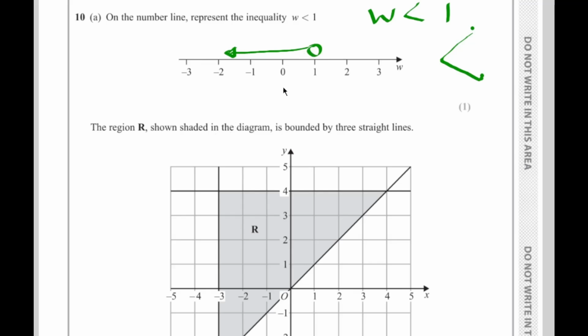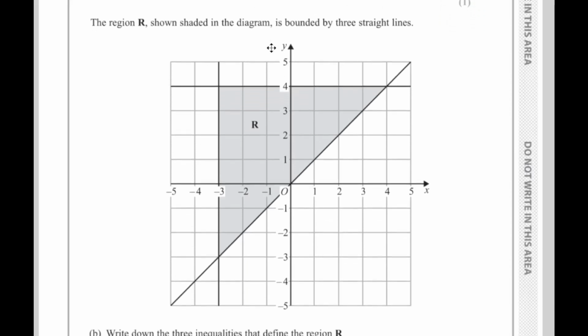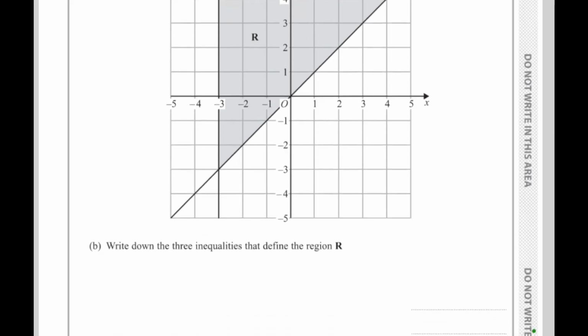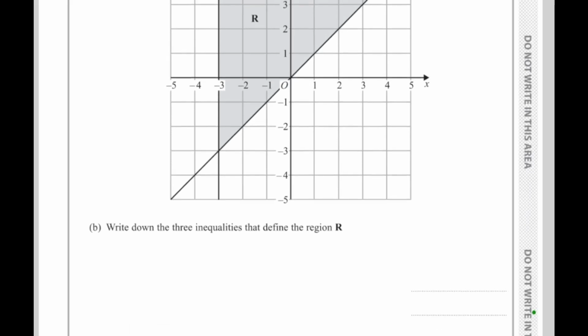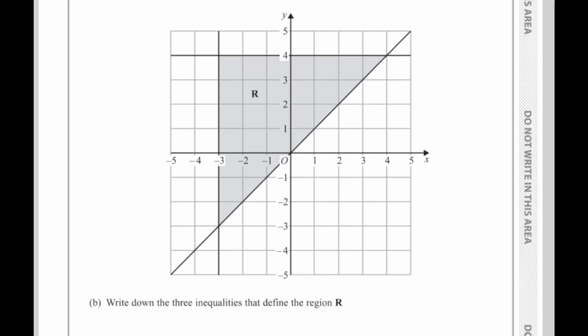This is it. Then let's move on to the other part, graphical inequalities. The region R shown shaded in the diagram is bounded by 3 straight lines. Write down the 3 inequalities that define the region R. So we have to find 3 inequalities which represent this shaded region.